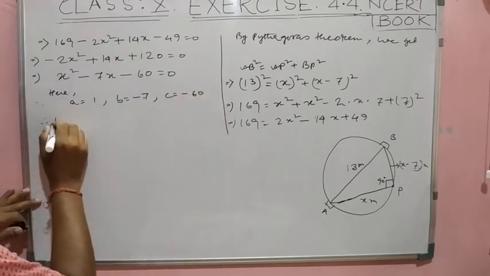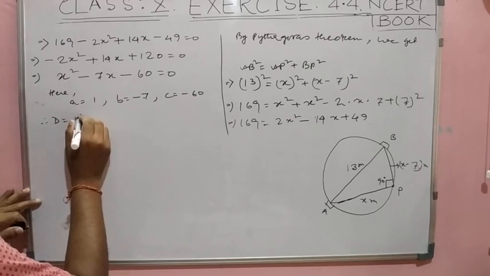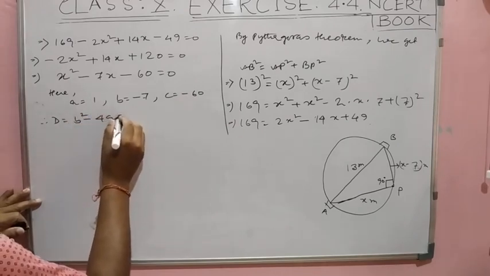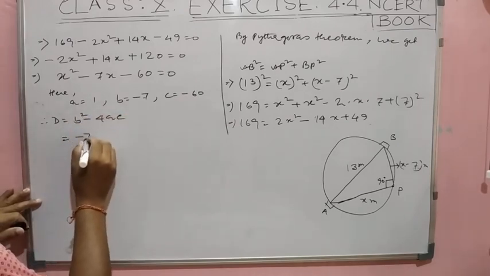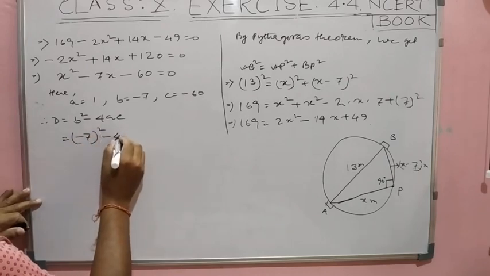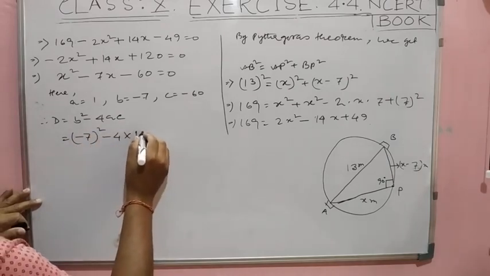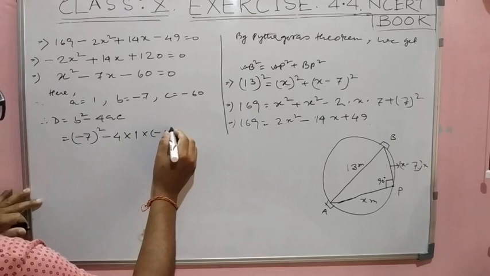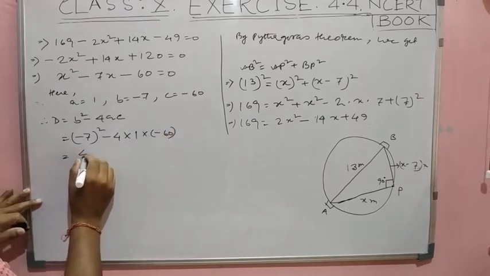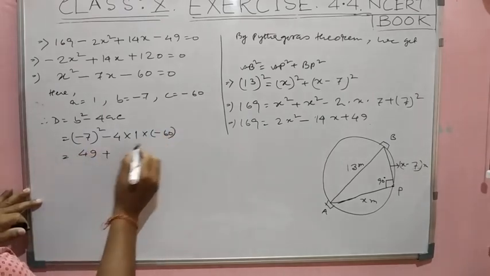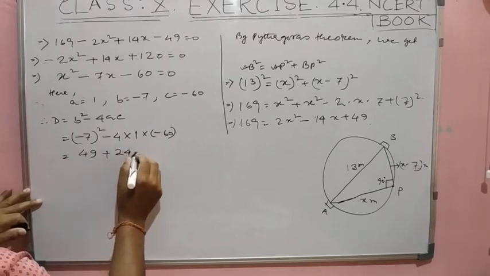Therefore D equal to b square minus 4ac. B means minus 7, 4, A means 1, C means minus 60. So it will be 49 and minus minus plus 240.